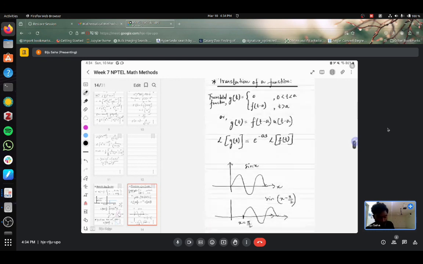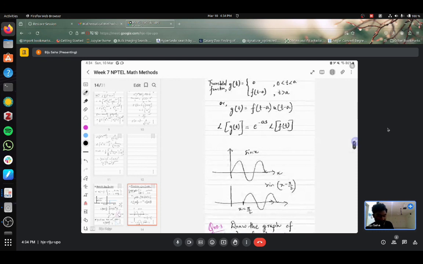So what did I do here? I translated my function by pi by 2 distance along the x-axis.